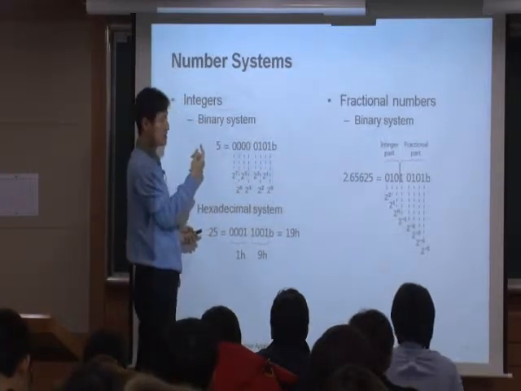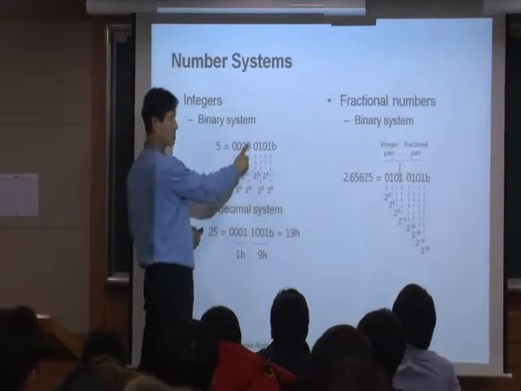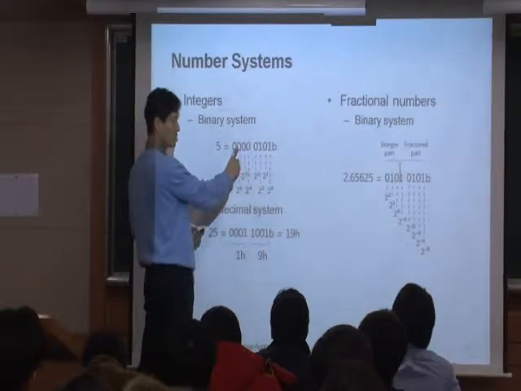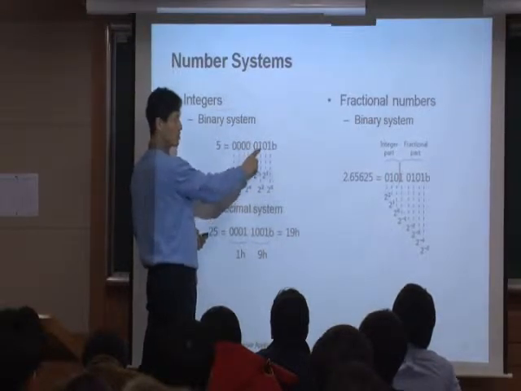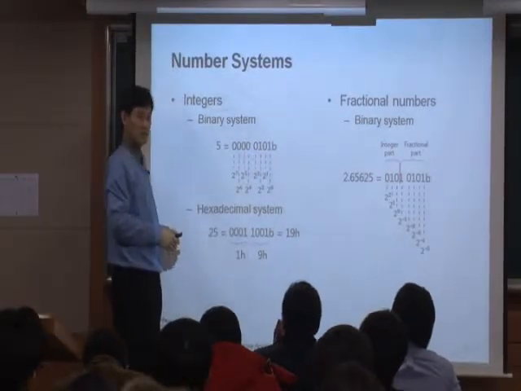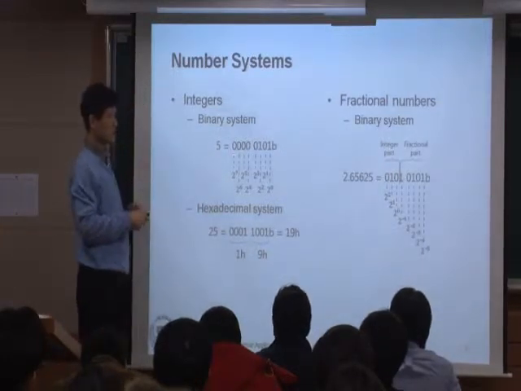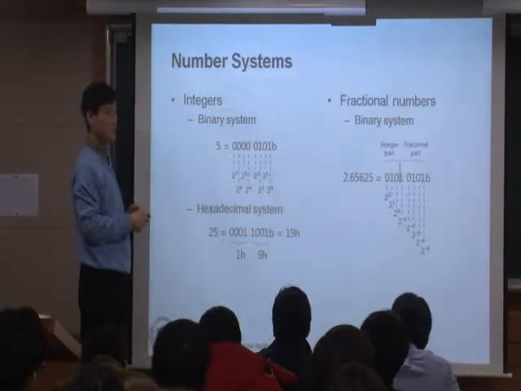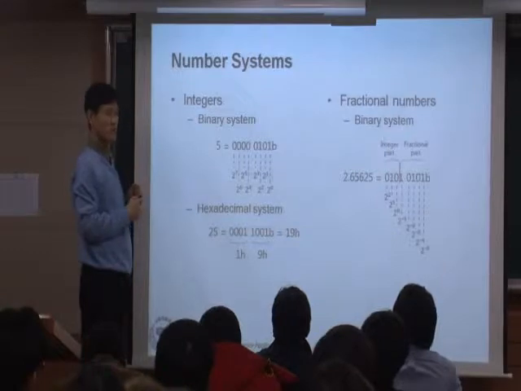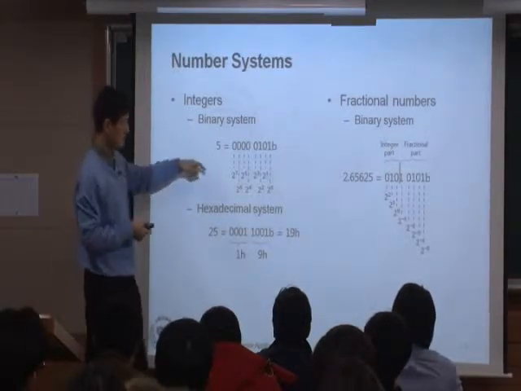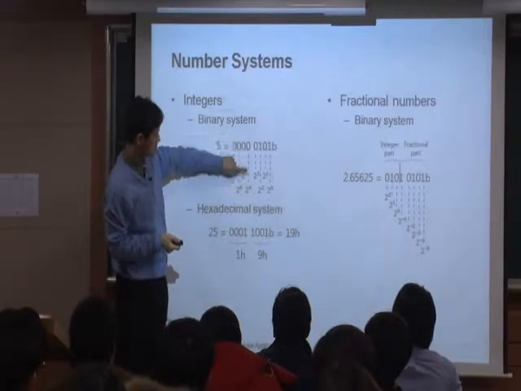Let's pick another example. Let's say you have 00010101. You have 8 bits like that. If you read these 8 bits as a decimal number, 19? Yeah, it's going to be 19, because this bit is 16.